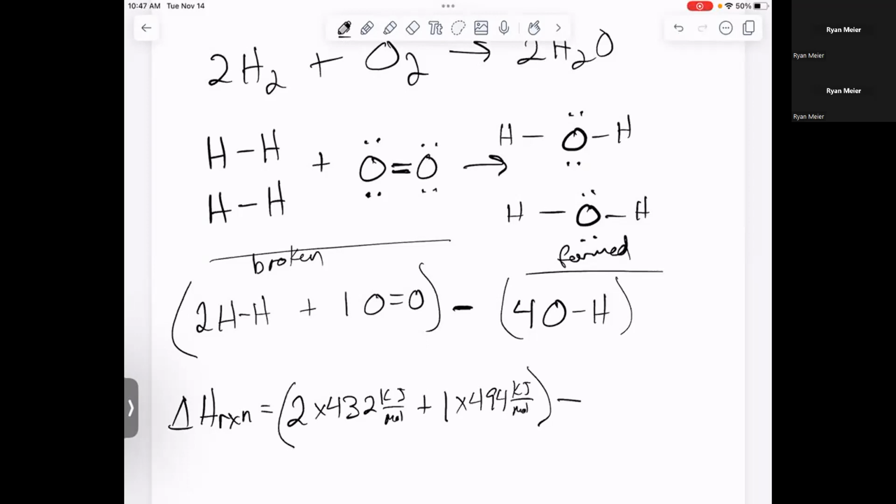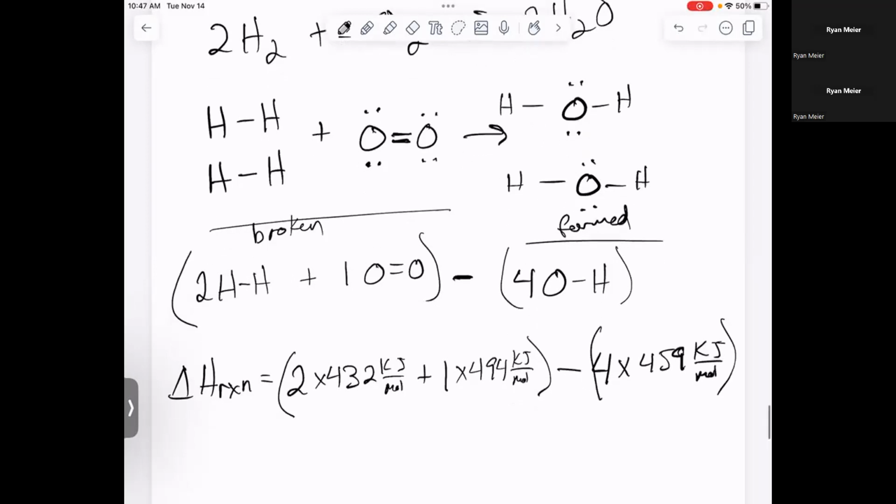And then I want to subtract all the ones that are being formed, which is just 4 oxygen-hydrogen bonds. So in this chart, I want to find oxygen and hydrogen. Its bond energy is 459. I have 4 of them, so 4 times 459 kilojoules per mole. And now I'm just going to calculate what that number comes out to.